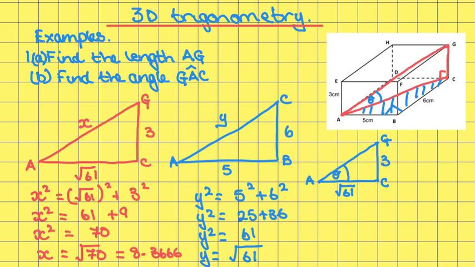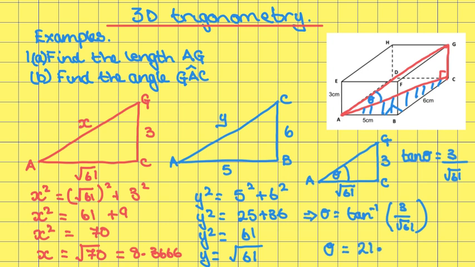So using my trig ratios, I know that tan theta is equal to opposite, which is 3, over adjacent, which is root 61. Therefore, theta is tan to the minus 1 of 3 over root 61. So theta is equal to 21.0 degrees to 3 significant figures.